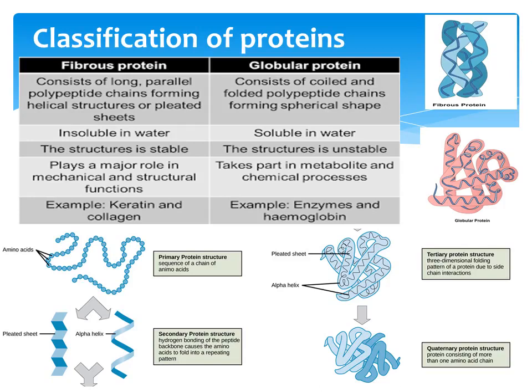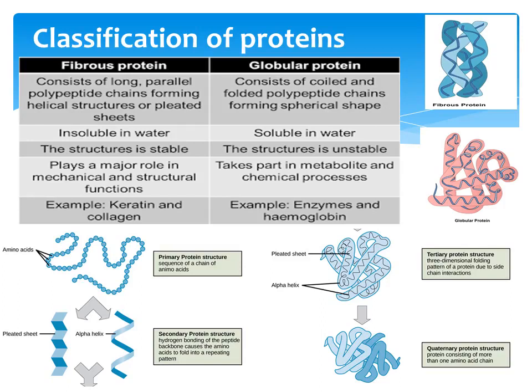Here you can see the diagrammatic representation of all the four structures, where the colored balls represent amino acids. The primary one is a simple sequence of a chain of amino acids, while in the secondary one, the hydrogen bonding of the peptide backbone causes the amino acids to fold into a repeating pattern.